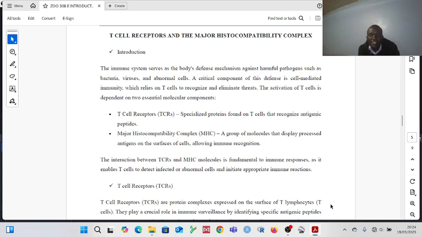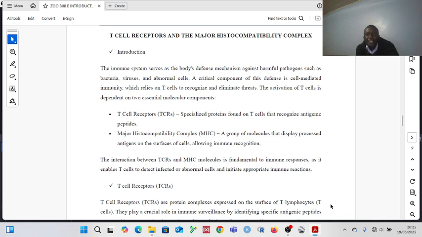It is once that they are displayed that now immune recognition and reaction can happen. Okay, so you can think of the MHC as carrying a flag up, because when you carry the flag up, that is when you are able to recognize that there is something here. So the MHC is what now displays the antigens, and these antigens are displayed on the surface of cells.